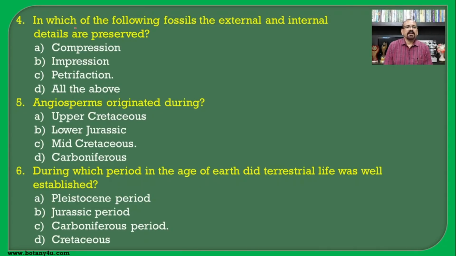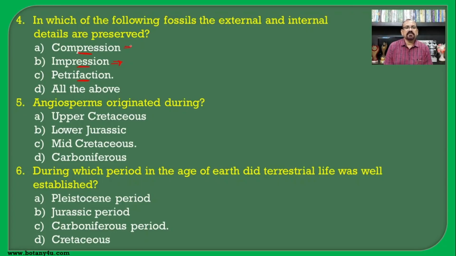Then in which of the following fossils are the external and internal details preserved? If we see the compression, impression and petrifaction, usually in an impression only the external structures are seen.